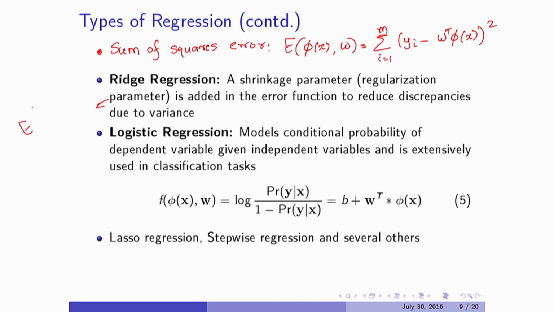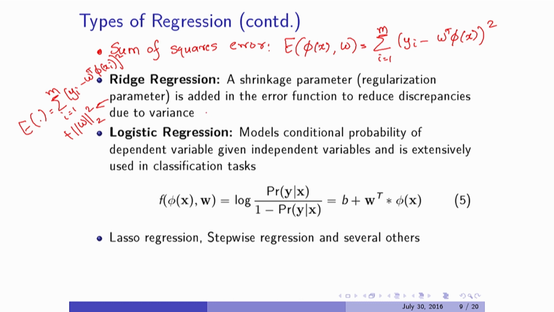So you consider the least square function, but to that you add a component, the Euclidean norm of w squared, and this is added to reduce discrepancies due to variance. We'll present some very specific details of ridge regression in the following lectures.